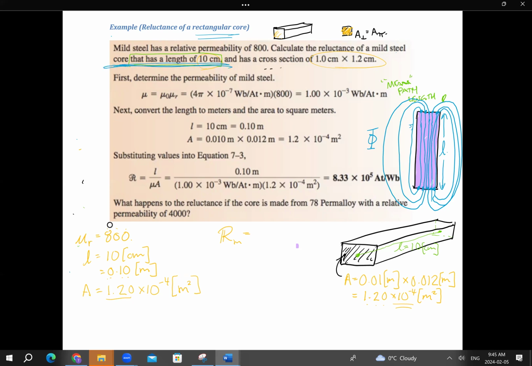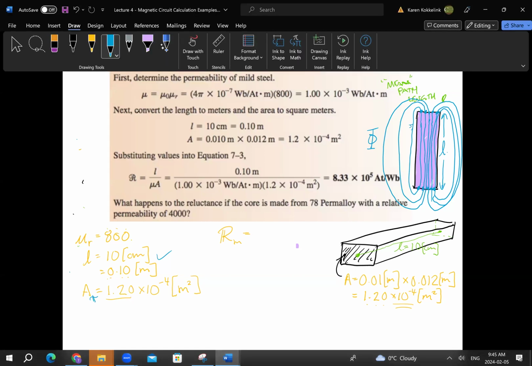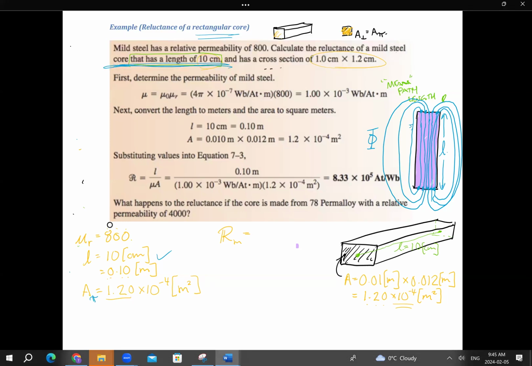So they happen to be traveling 10 centimeters. Every one of them did. I didn't even take an average, okay? So I'm just looking at that middle length. So that's why mean path length is this. Cross-sectional area is just the area of this little bar. So if you have a magnet in this shape, it's more straightforward than a toroid.